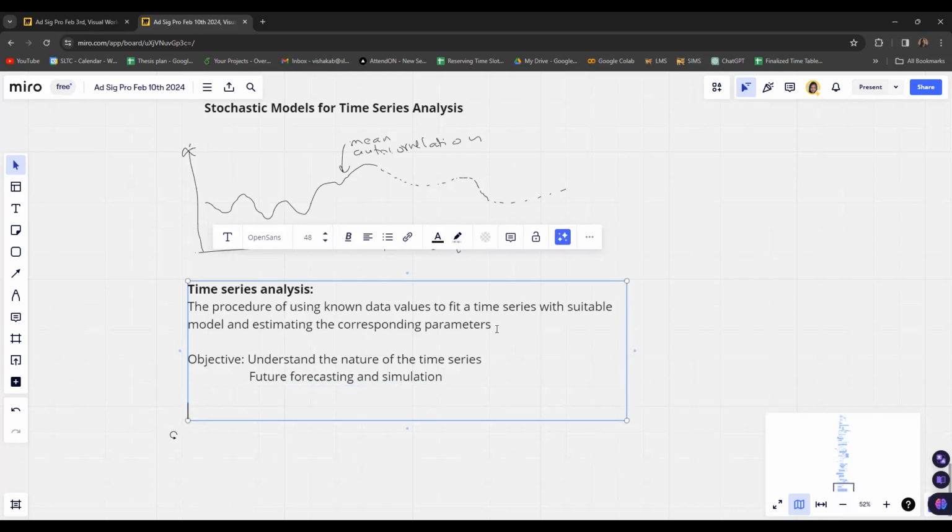There are several models that you can use to predict the future. So time series can be predicted using different models. One such model is the ARMA model, or the auto-regressive and moving average model. We are going to be talking about that.